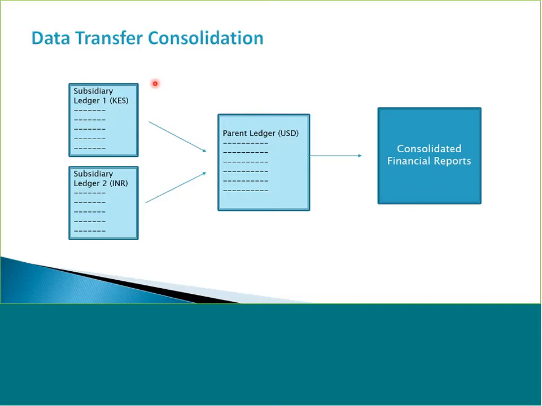This is one example of data transfer consolidation, where the information is transferred to the parent company ledger, enabling us to do combined reports.